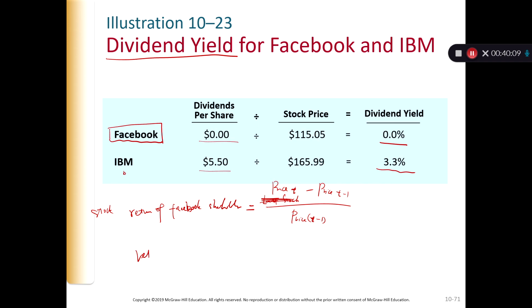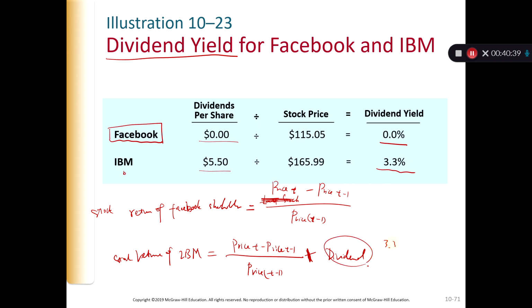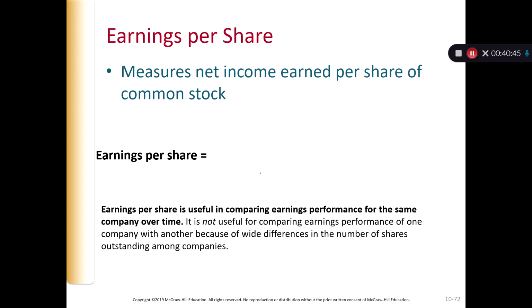But the stock return of IBM equals the price of this year minus the price of last year, divided by the price of last year, and then remember to add the dividend. That's the stock return, where the dividend yield is 3.3 here.